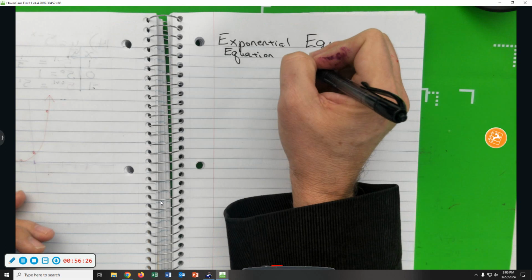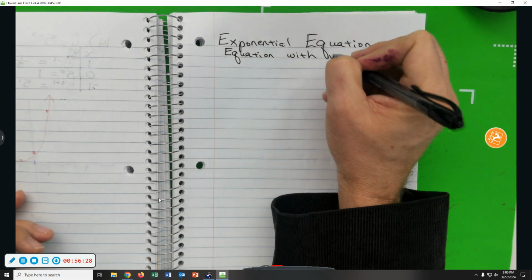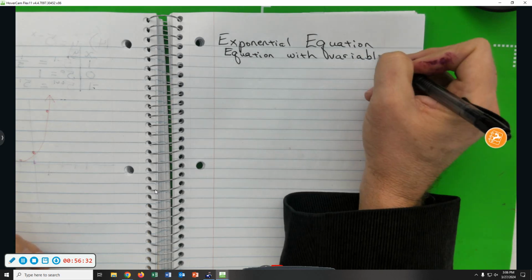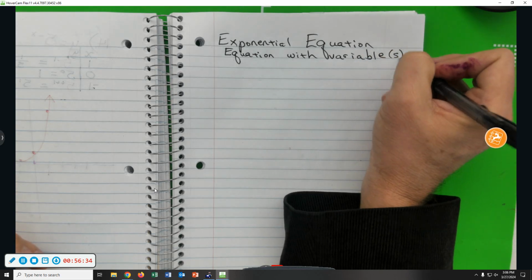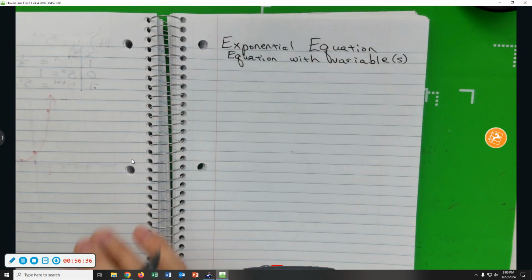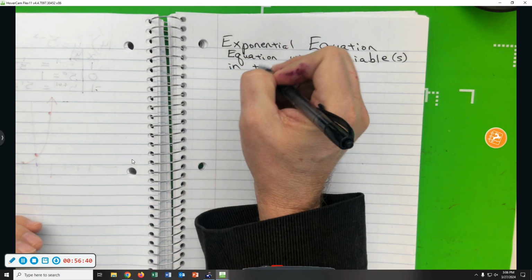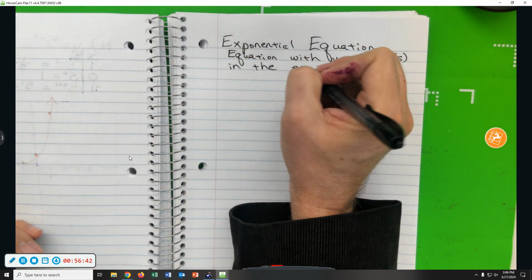Equation(s) with variable or variables in the exponent.